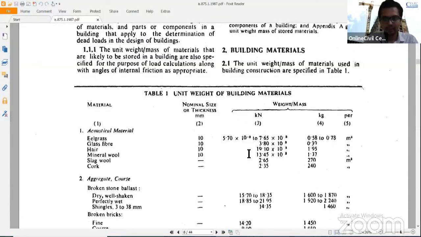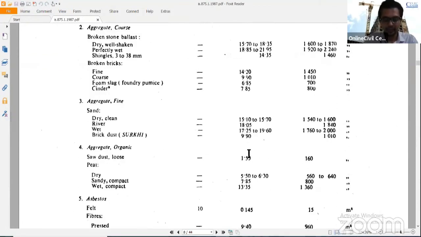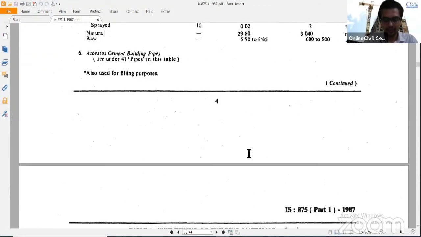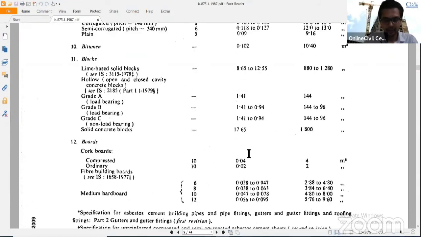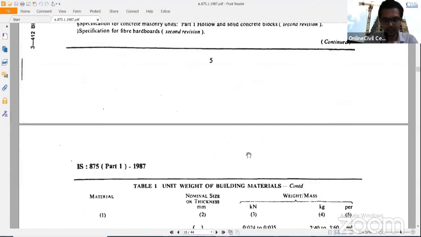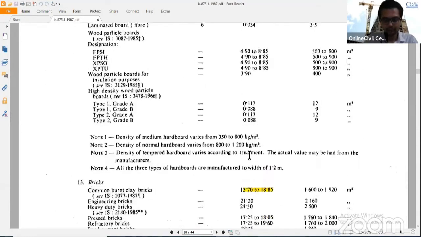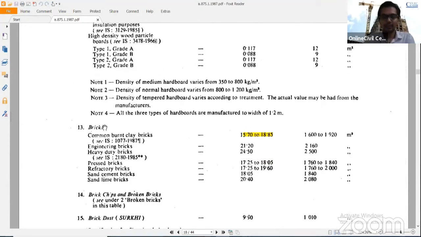If you remember, IS 875 table 1 is the place where you'll find the unit weight of all your materials. So let us search for bricks here first. I think it will be a little bit at the bottom. Okay, here we have the bricks. Common burnt clay bricks unit weight is given from 15.7 to 18.85 kilonewton per meter cube.